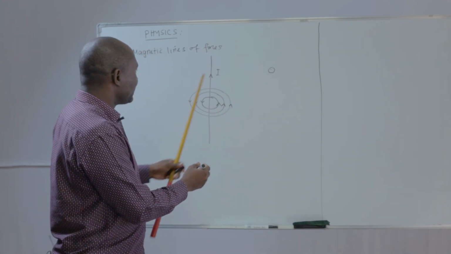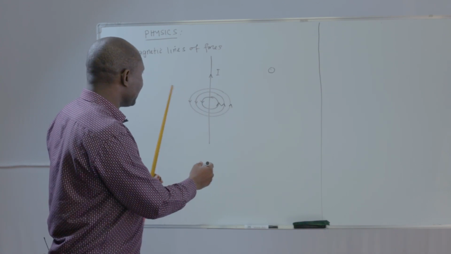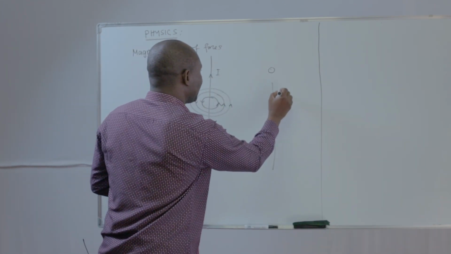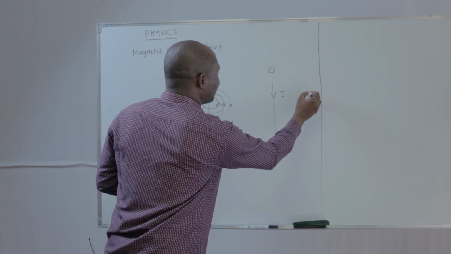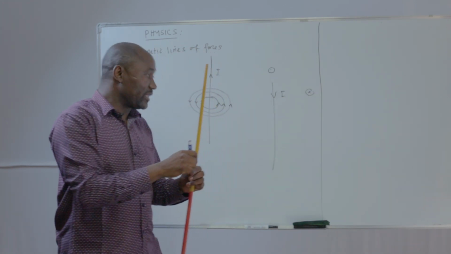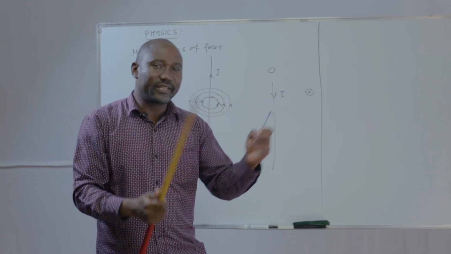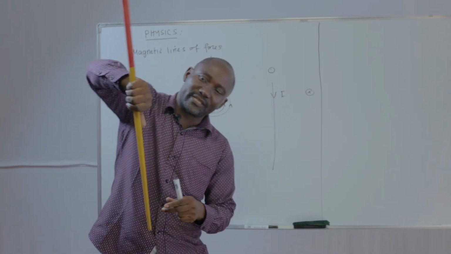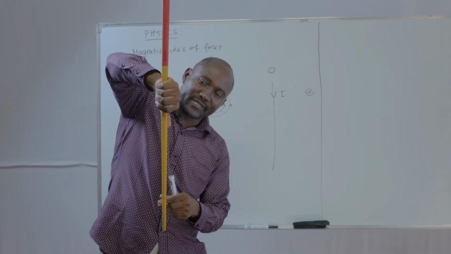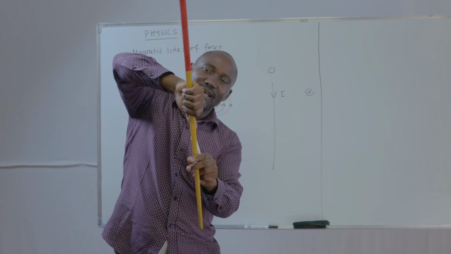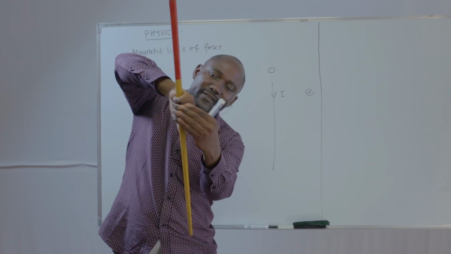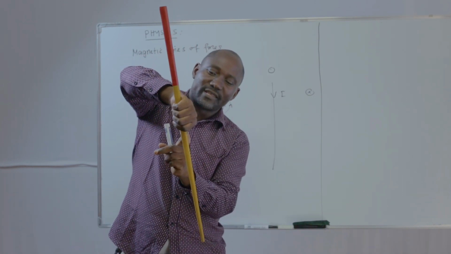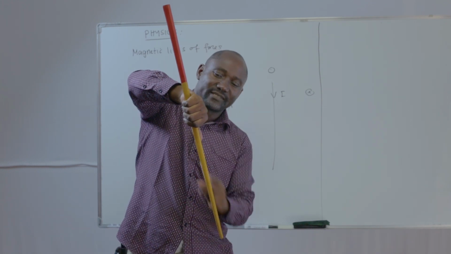Suppose the current is flowing into the plane. So you change the direction of the fingers, so the thumb will be pointing down. When it is pointing down like this, the curled fingers will show the direction in which the magnetic lines of force will move, while the thumb is giving us the direction of current.